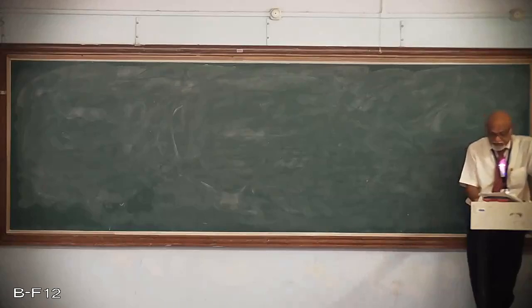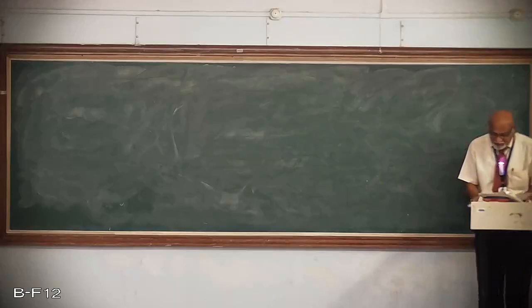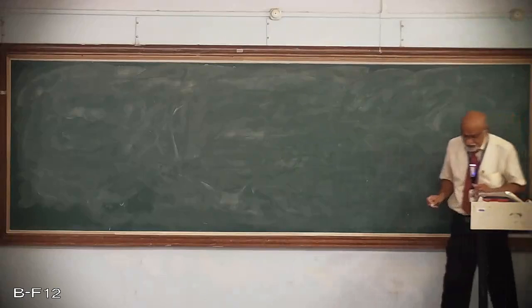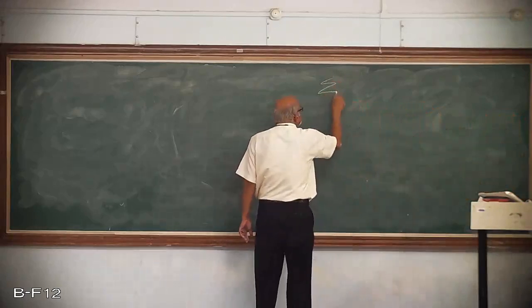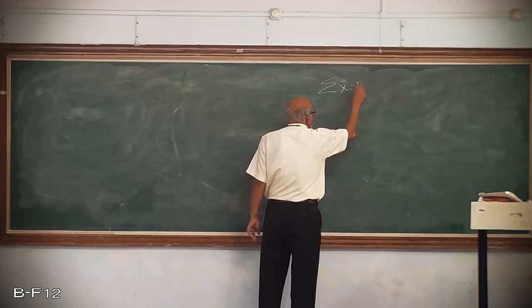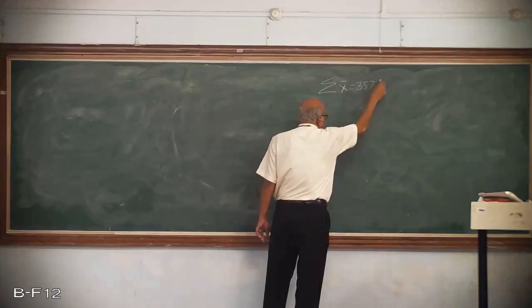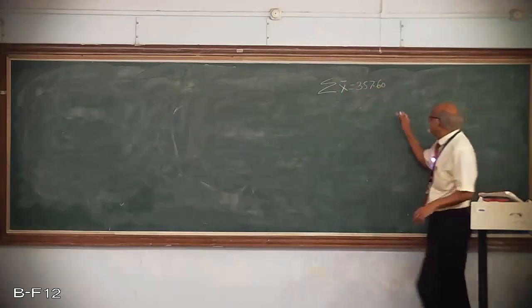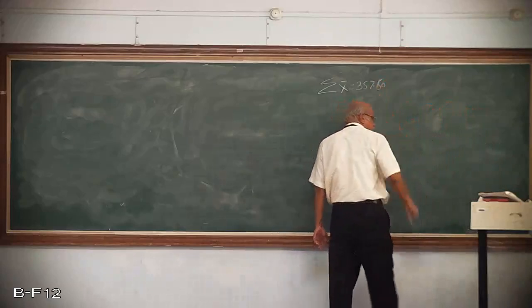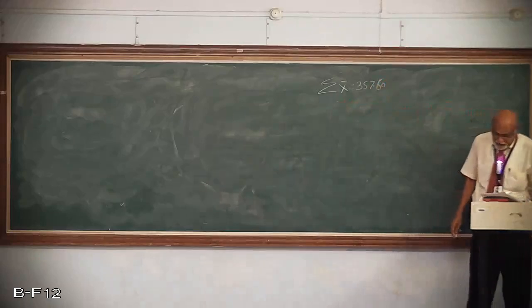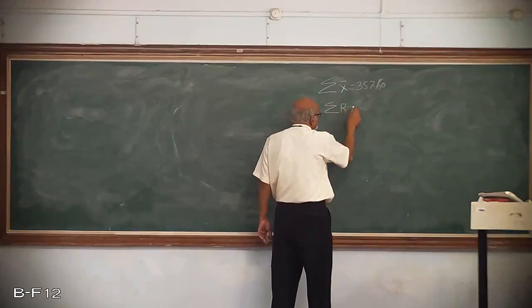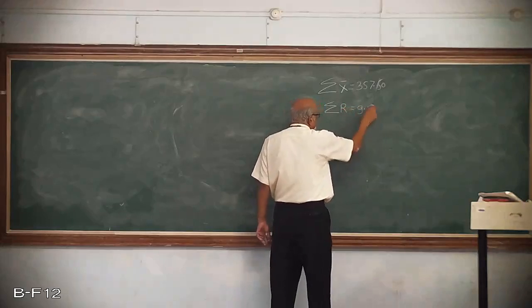Determine the control limits for X bar and R charts if sigma X bar is 357.50 units, and sigma R is equal to 9.90.